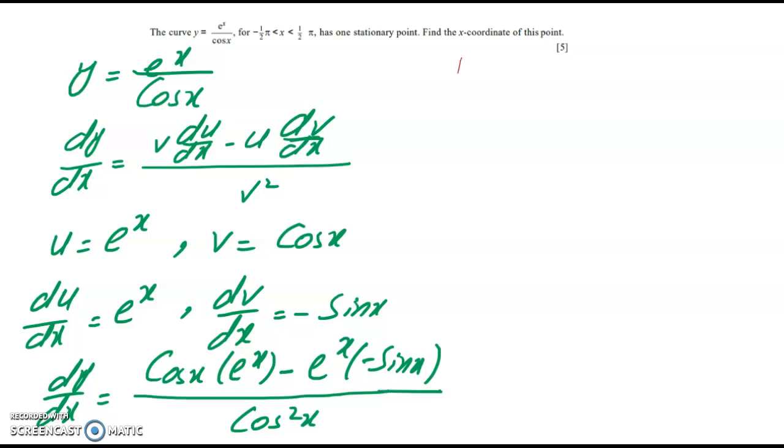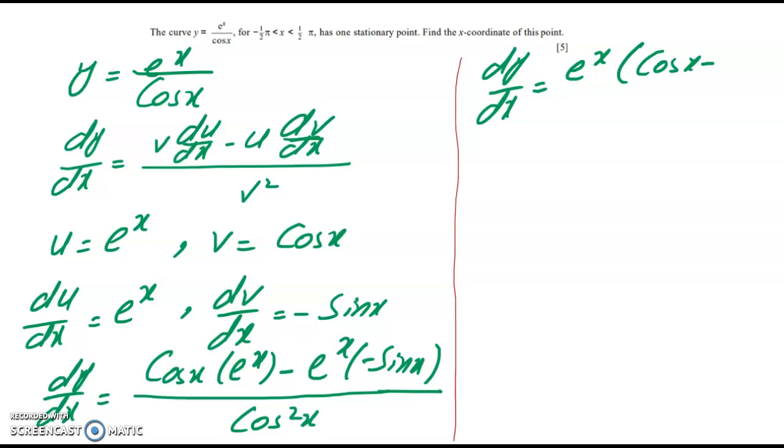Once we have the differentiation, we can simplify a little bit: dy by dx is equal to, here e to the power x can be common, so this will be e to the power x times (cos x plus sin x) over cos squared x.